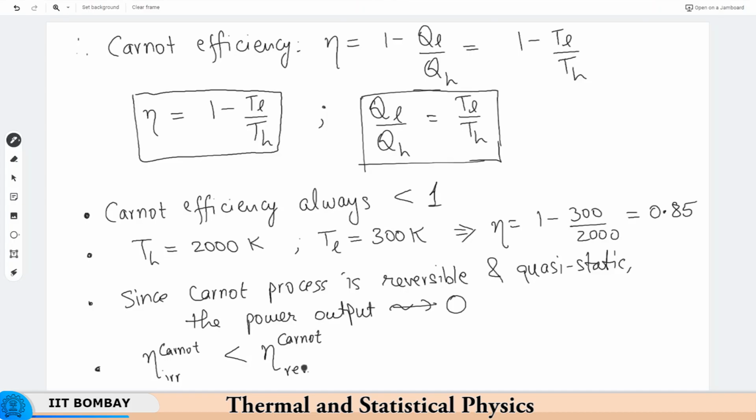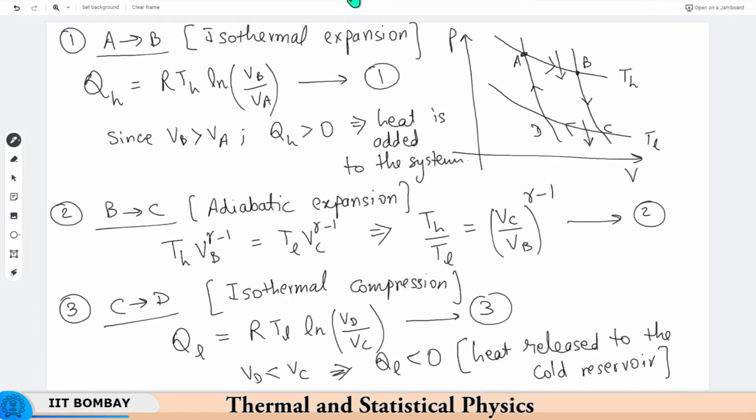Okay. So, having said that, the next thing that we can do is, we can now calculate the amount of work that we are extracting out of this engine.